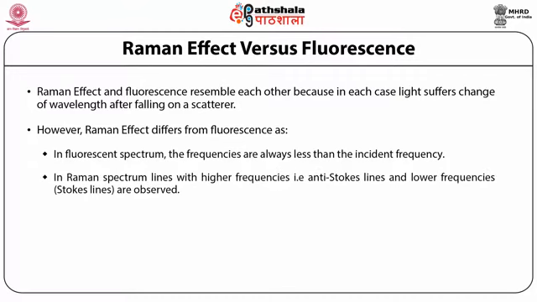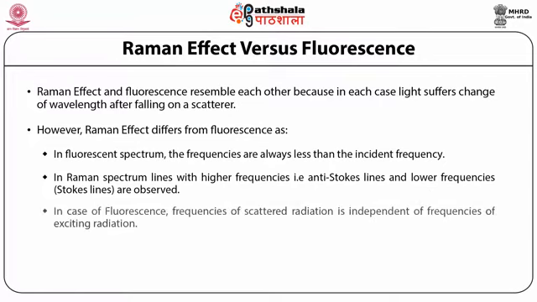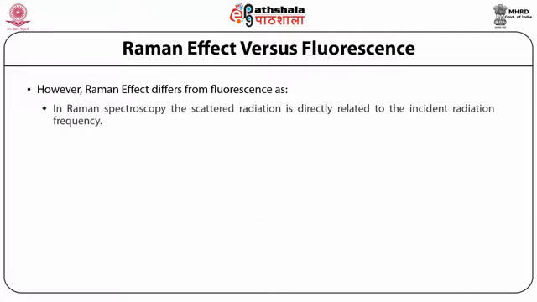In Raman spectrum, lines with higher frequencies, that is anti-Stokes lines, and lower frequencies, that is Stokes lines, are observed. In case of fluorescence, the frequency of scattered radiation is independent of the frequency of exciting radiation. In Raman spectroscopy, the scattered radiation is directly related to the incident radiation frequency.